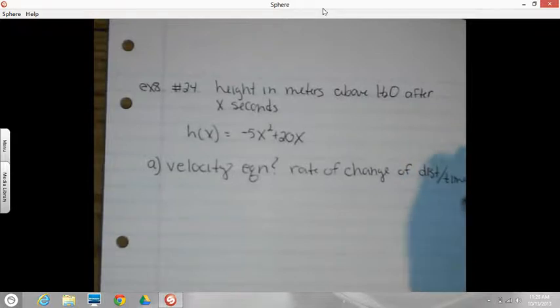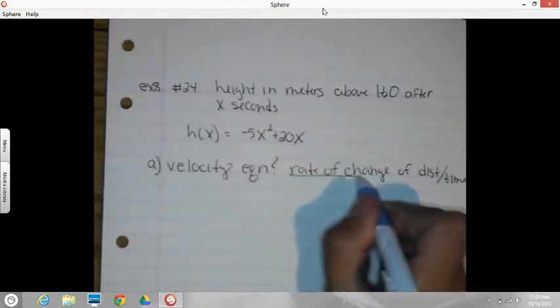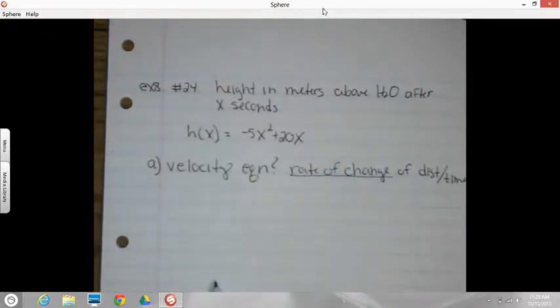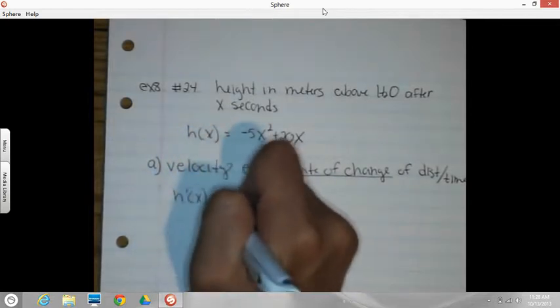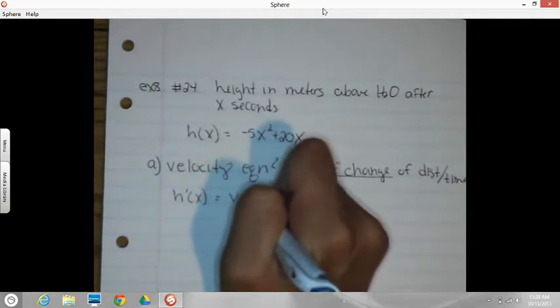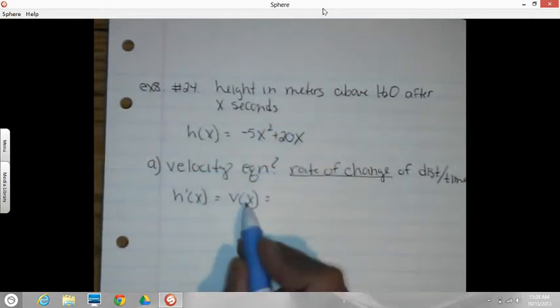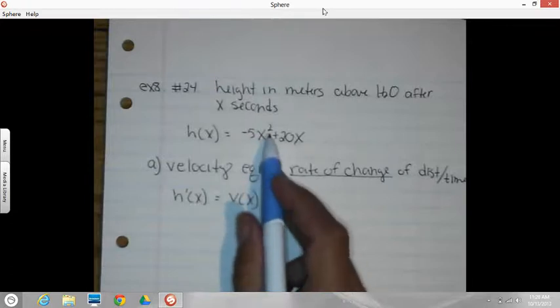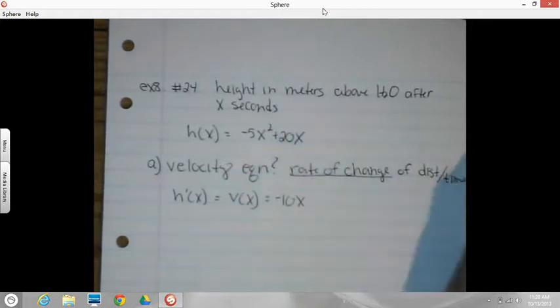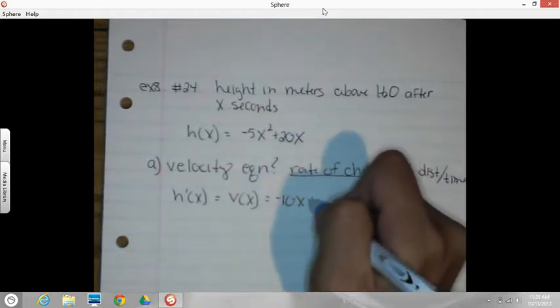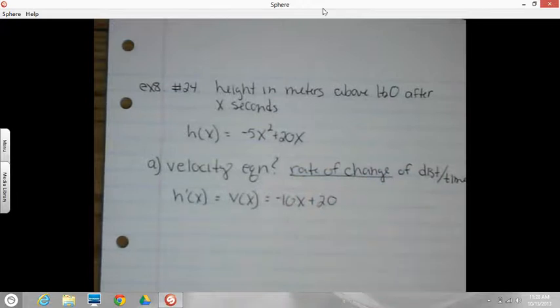That tells us to do the derivative of the distance equation. So h prime is the velocity equation. How fast the book is moving at each time value. So if we do derivative, that'll be negative 10 x to the first, plus 20. Okay, so we've got a velocity equation.